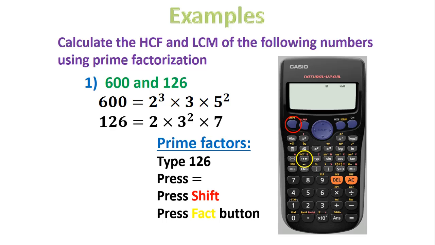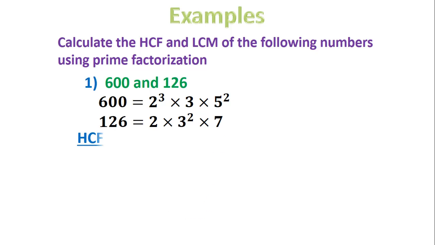Now let's look at how we use these prime factors. HCF. Now, for highest common factor, what we're working with is which are in both, and we start off with the bases, only the bases, not the exponents.